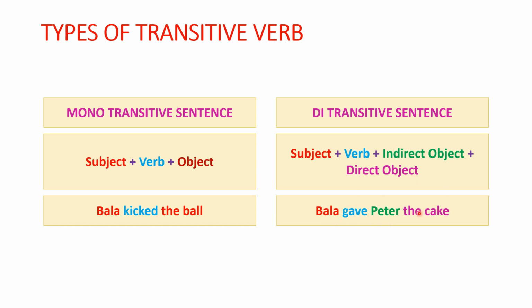So, the cake is a direct object. The cake is receiving an action, which is giving. And who is the action going to? It is Peter. So, Peter is an indirect object. That's it about monotransitive sentence and ditransitive sentence.